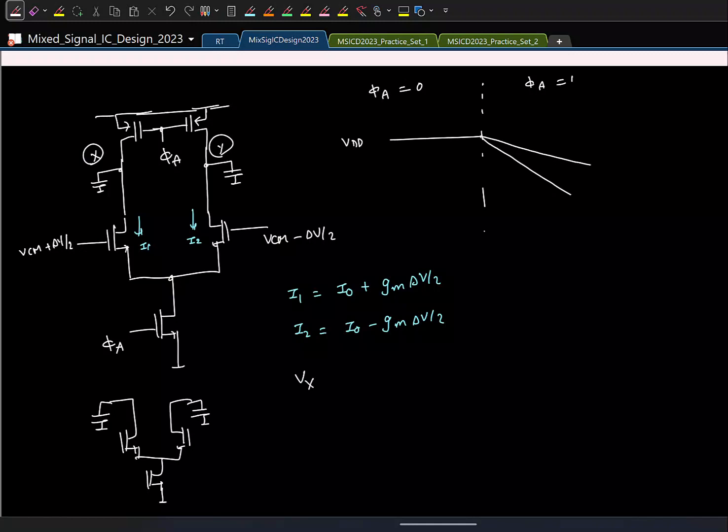Now again, we can also write the expression. So let us say Vx. How can I write the expression for Vx? VDD minus, let's say this capacitor is C, I1 by C times T, and I also know I1. Let me replace that. I1 is that DC current I0 plus GM delta V by 2, divided by C, times T. Similarly, Vy is the other thing.